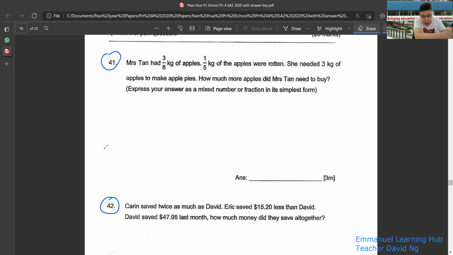So Mrs. Tan had 3/8 kilograms of apples. So it's quantity, right? Then 1/5 kilogram are rotten. So how many kilograms are not rotten? You draw a model, 3/8 kilograms. 3 over 8 minus 1 over 5.